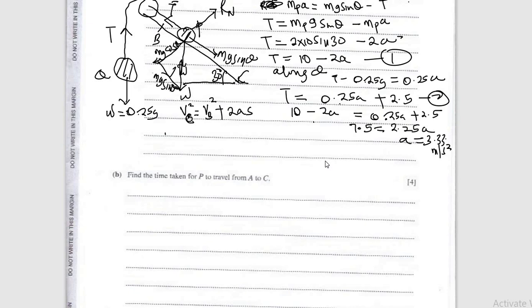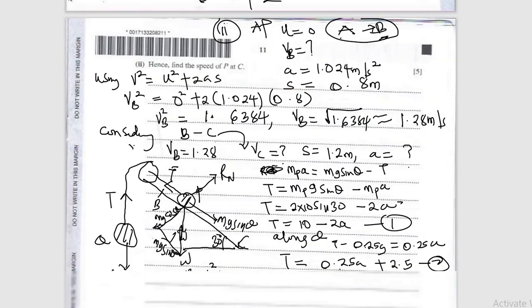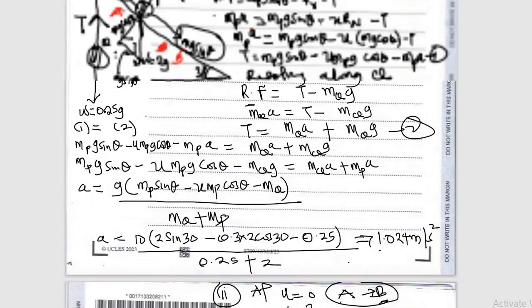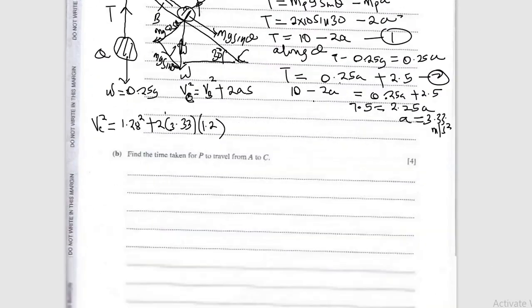So VC squared, velocity at B, that's what we got before, 1.28. 1.28 squared. Our acceleration 3.33. That section BC, the distance is 1.2. Let me check and confirm. Yeah, the distance is 1.2.